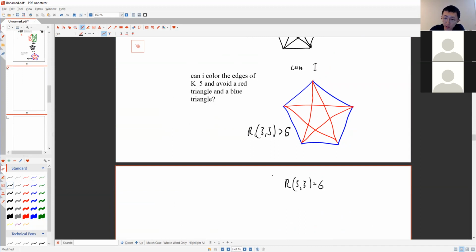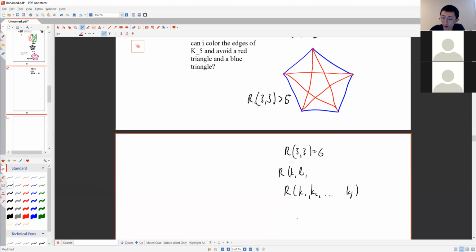So Ramsey's theorem just says that R(K, L) exists. One version of Ramsey's theorem is, let's say you have J colors. So this number exists for all J-tuples of colors. We could have R345.